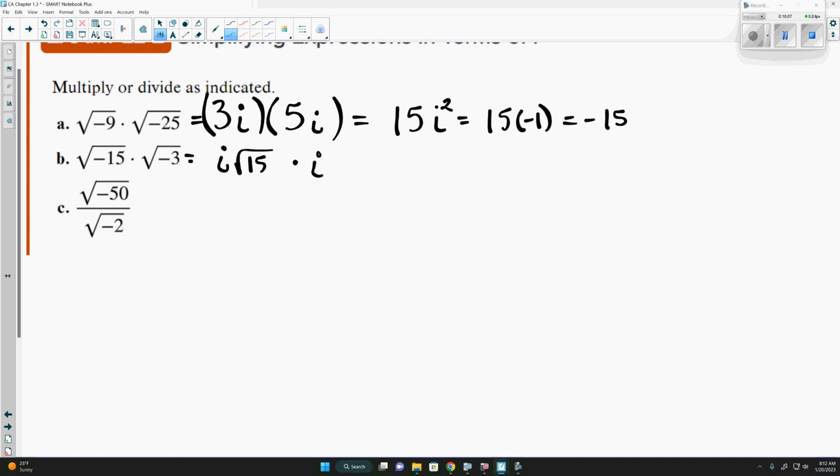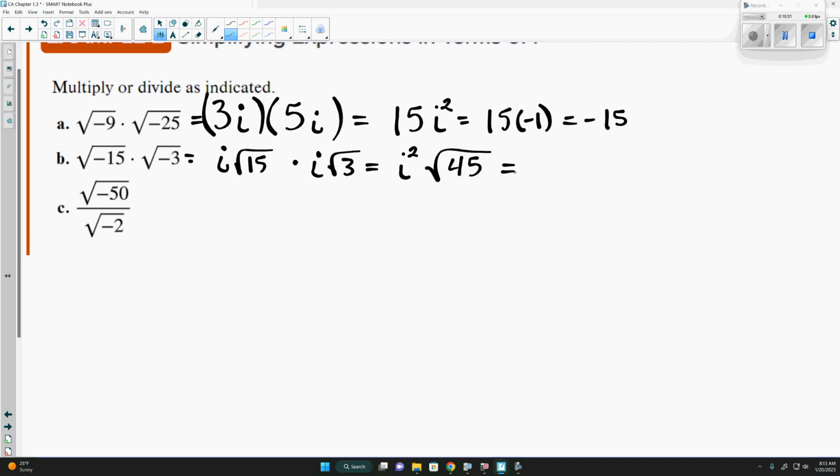We take the i out and square root of negative 3. We get i square root of 3. Now we're going to multiply them together. i times i is i squared. 3 times 15 is 45.